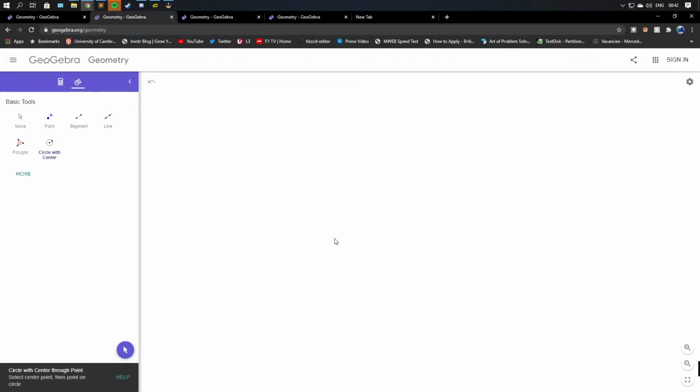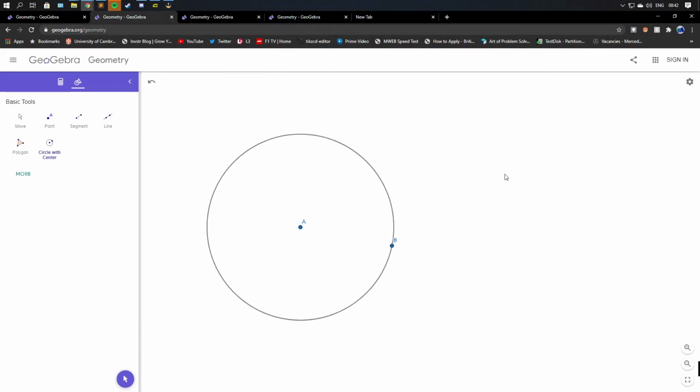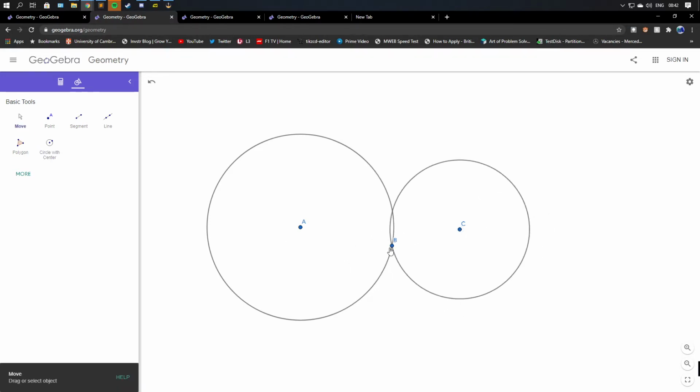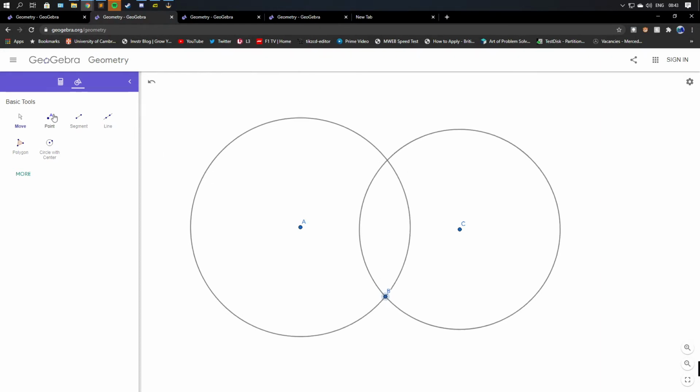So let's have a quick interlude with PowerPoint. If we've got two circles like that, then the power of every point on this line with respect to both circles is the same.